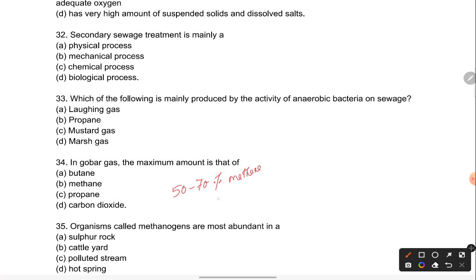The presence of carbon dioxide is about 30 to 40%. Okay, so the maximum amount is that of methane. Okay, the correct option is methane.